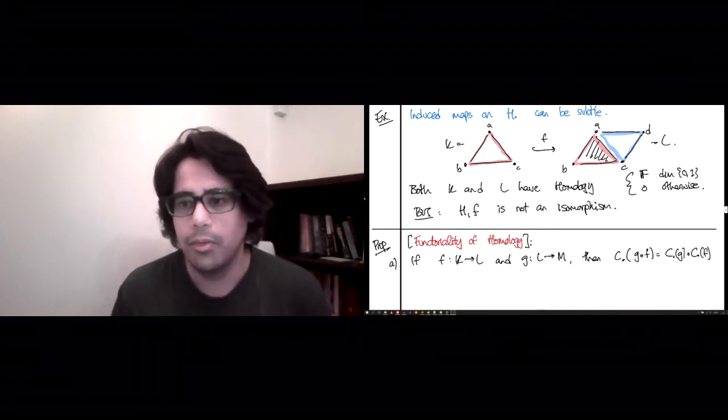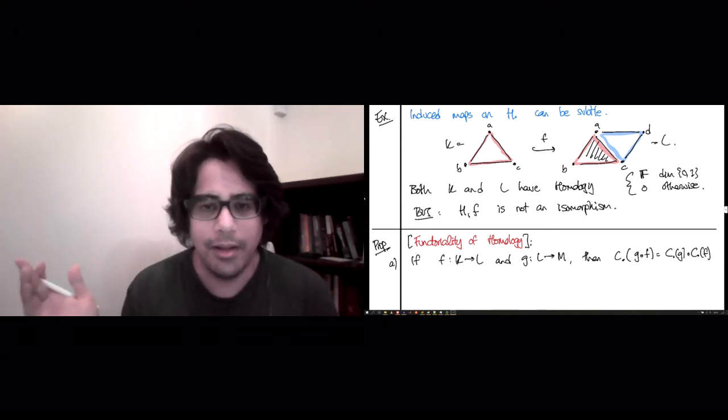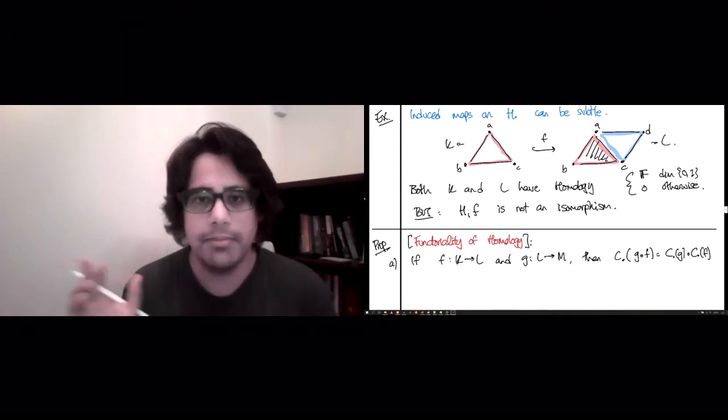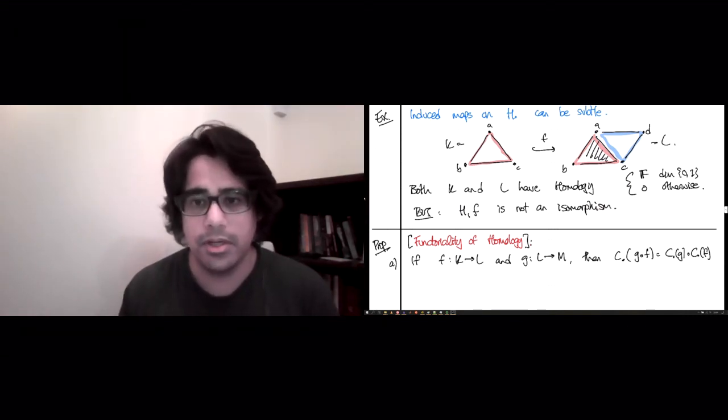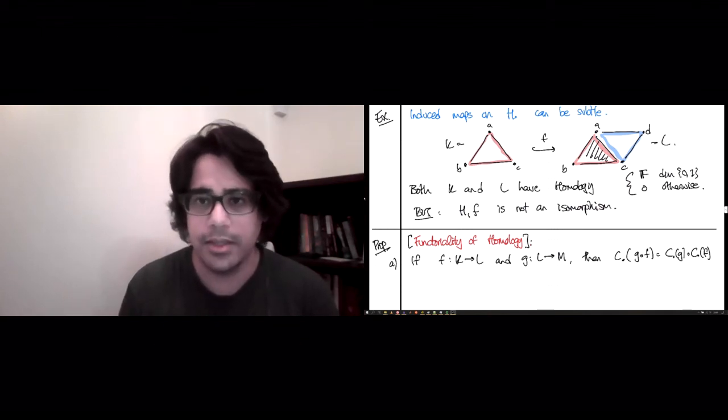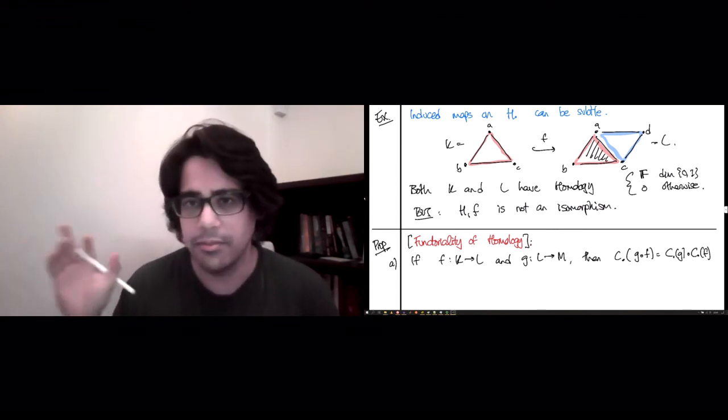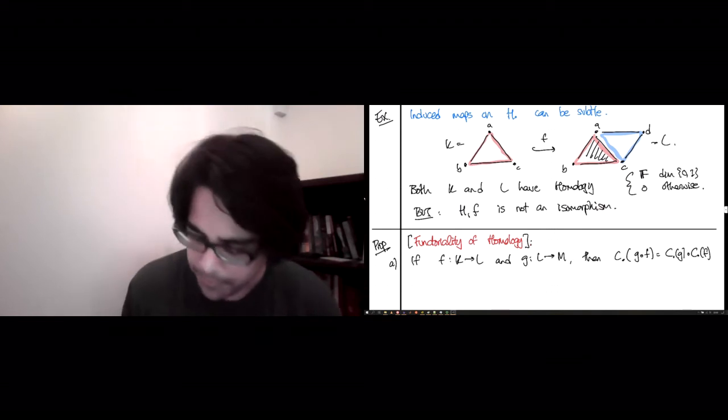So, which is to say, this assignment of chain maps to simplicial maps respects composition. If you compose simplicially and then take the chain map, that's the same thing as first taking the chain maps and then composing.